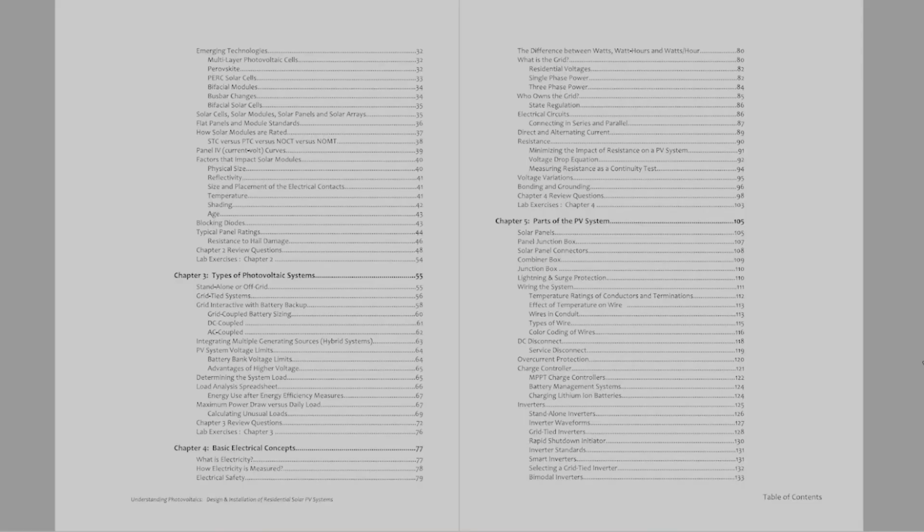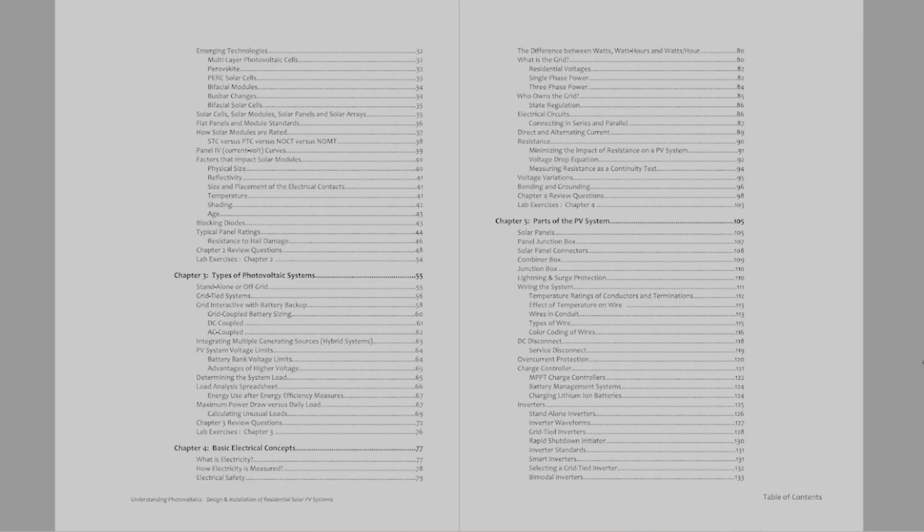Then we jump into Chapter 5, and here we're starting to get into the meat and potatoes of this text, where we really walk from the solar panel all the way through to the grid and look at each piece of equipment that you would connect together, what it does, why you would select one over another, what are the various features there.